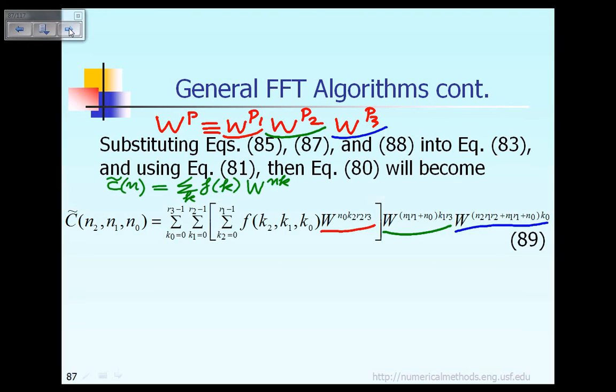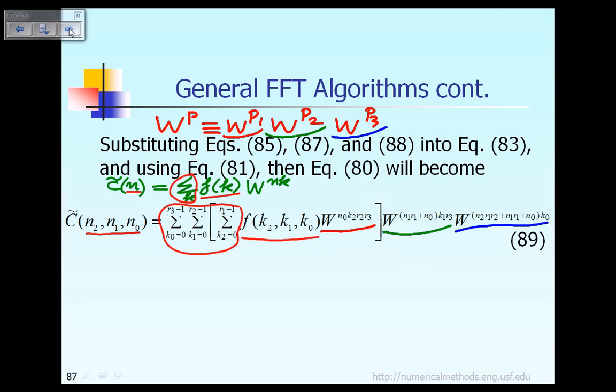Now, all you have to do is just replace the index n, small n, in terms of the small indices n2, n1, n0. And then the summation on the index k now becomes the summation on the three indices k0, k1, and k2. F expressed in terms of k now becomes f expressed in terms of k2, k1, k0.